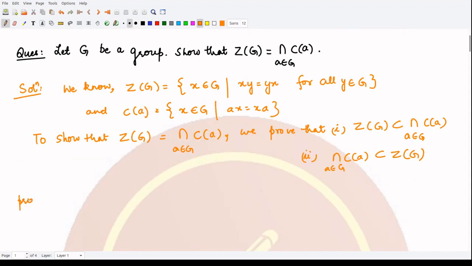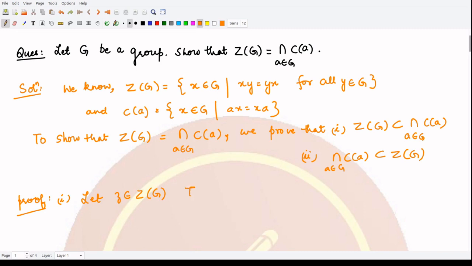So for the proof of the first part, we assume that our element Z belongs to Z of G. If we prove that this Z is also a member of the intersection, then we will be done, right? So let Z belong to this center.